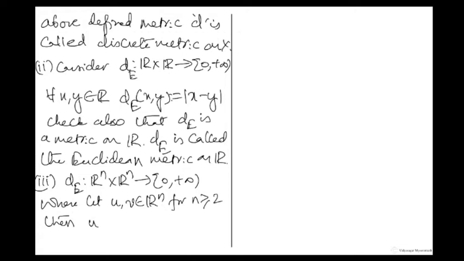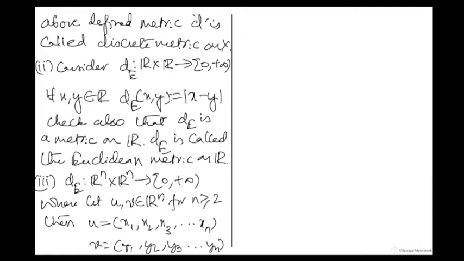Then u is an n-tuple, v is also an n-tuple. So call u to be (x1, x2, x3, all the way up to xn), and v to be (y1, y2, y3, all the way up to yn).